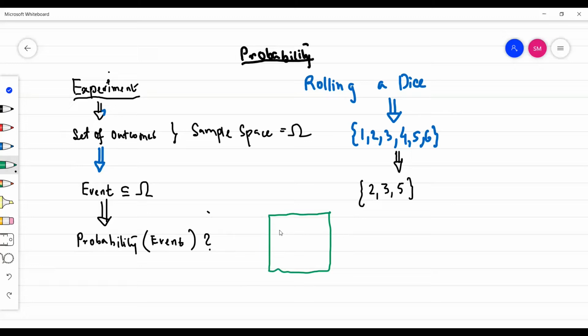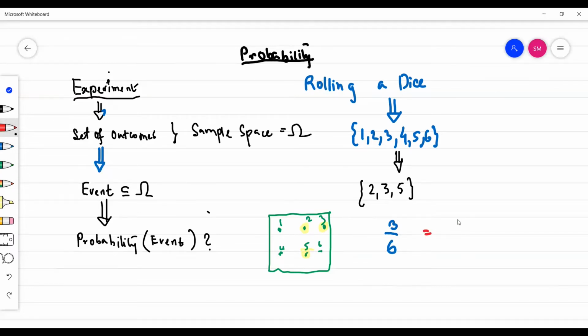This is our set of outcomes 1, 2, 3, 4, 5, 6, and out of this I am choosing 2, 5, and 3. So what is the chance of getting this? It's 3 by 6, right? It makes sense.